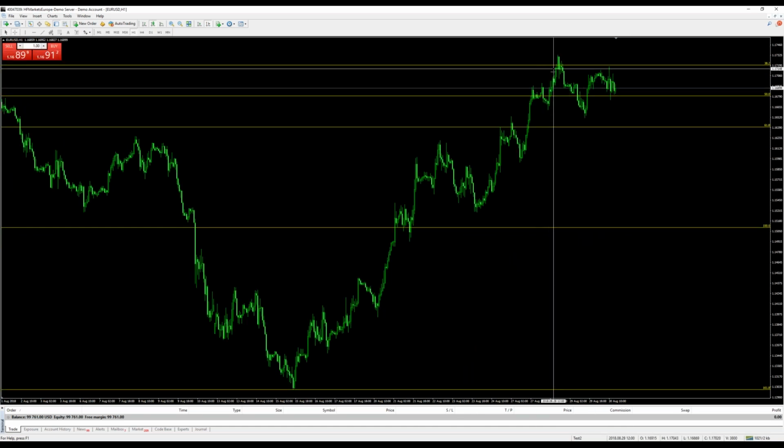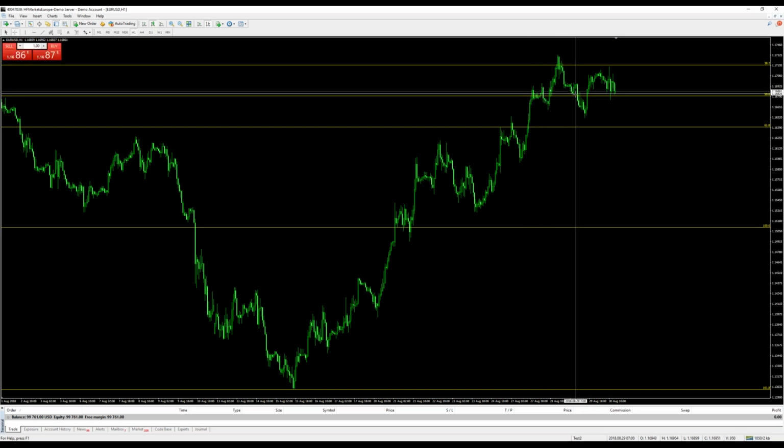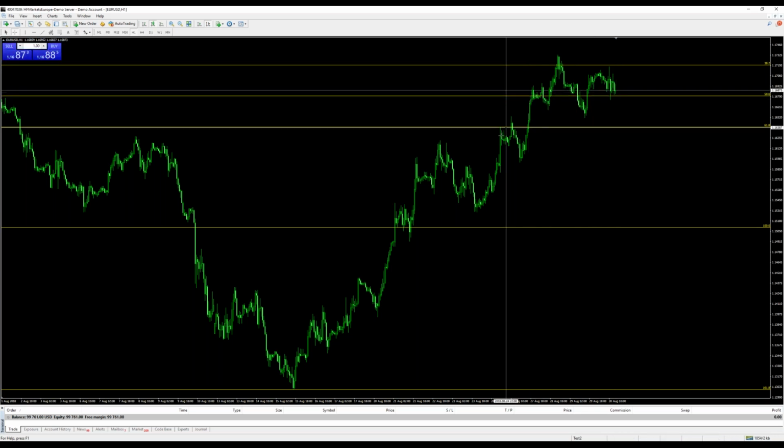You see the third retracement level from the bottom. It is already acting as a resistance at this point. Again, you see indecision setting in at this level here, right?